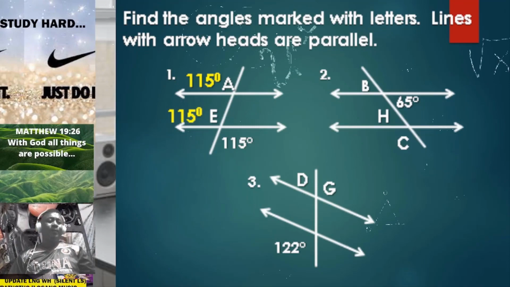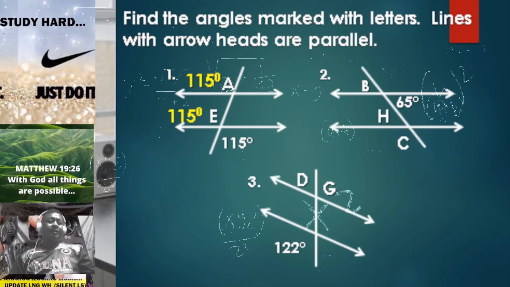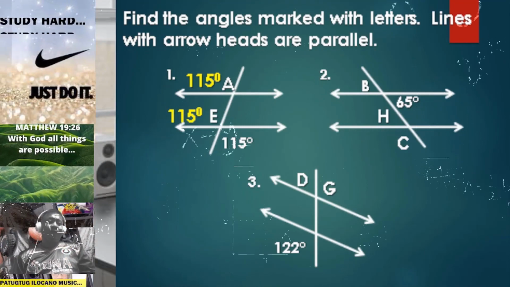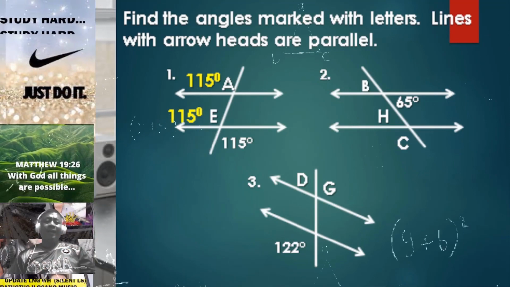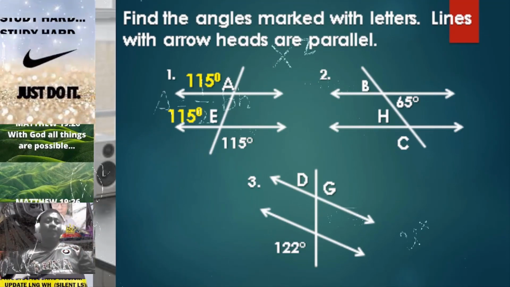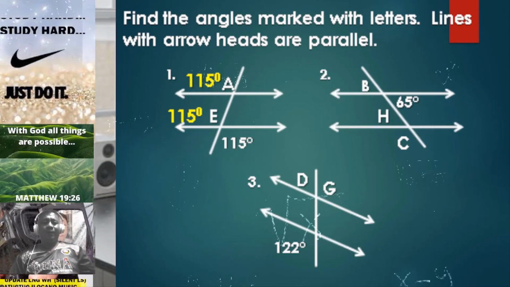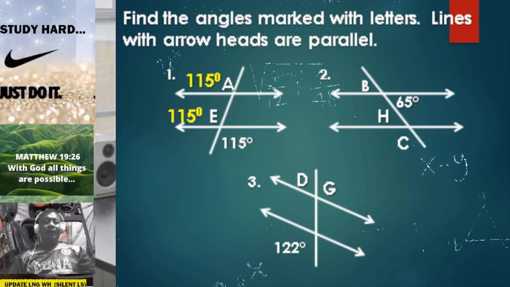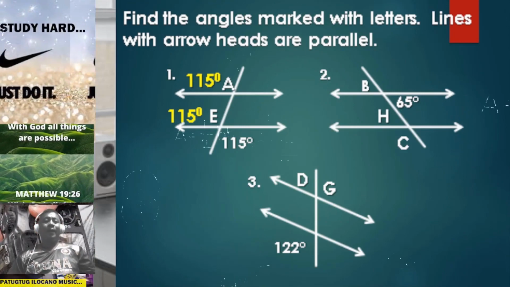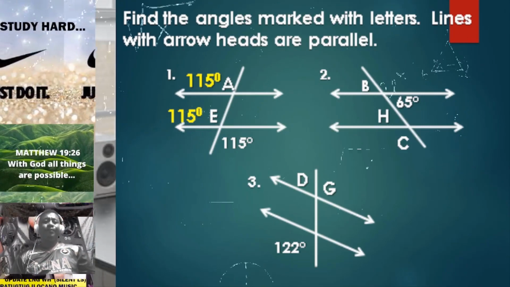We can also determine angle E based on the given measure of angle A. Take note, angle A and angle E are corresponding angles, and corresponding angles are congruent. So therefore, angle E is also equal to 115 degrees.